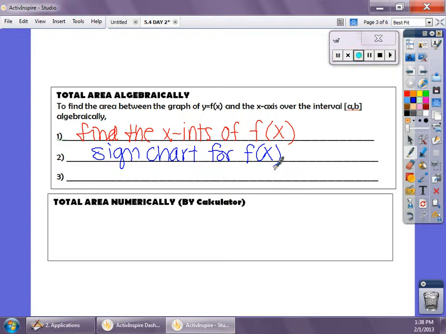And then last step, remember this is the kind of weird step that we talk about, you are going to add positive integrals and subtract negative integrals.